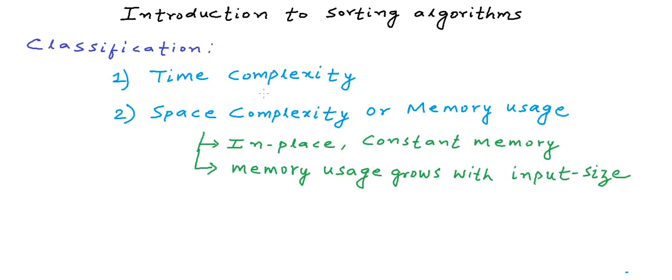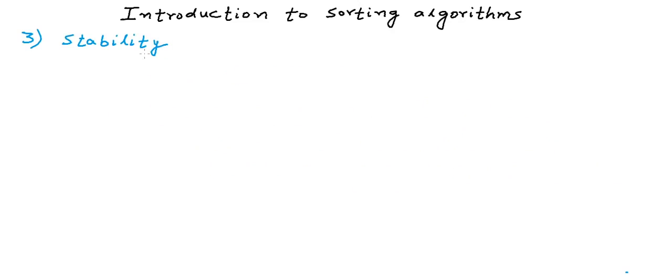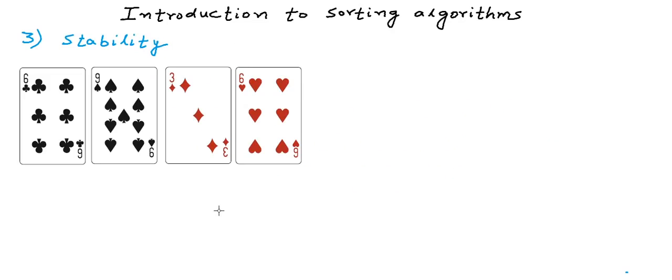The third parameter that we talk about is stability, and this one will take some explanation. Suppose we have a set of cards like this, and we want to sort these cards in increasing order of rank. We have 3 of diamond, we have 9 of spade, and we have 2 6s, one of club and another of heart.